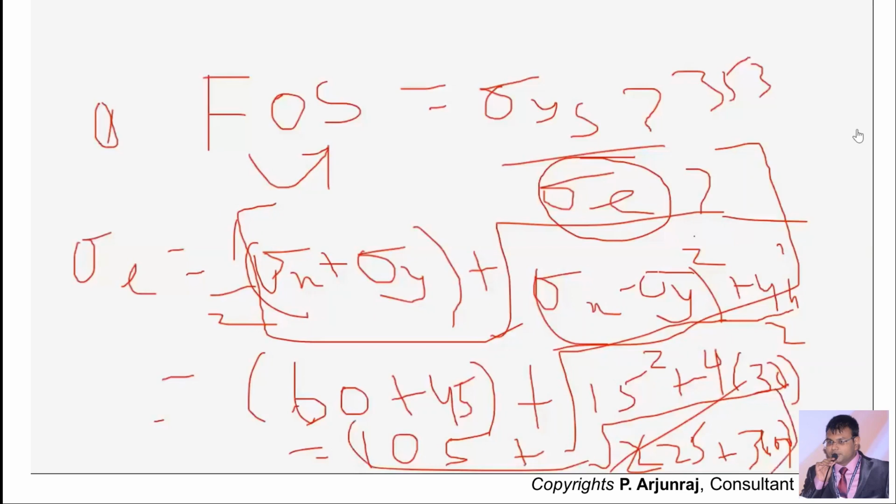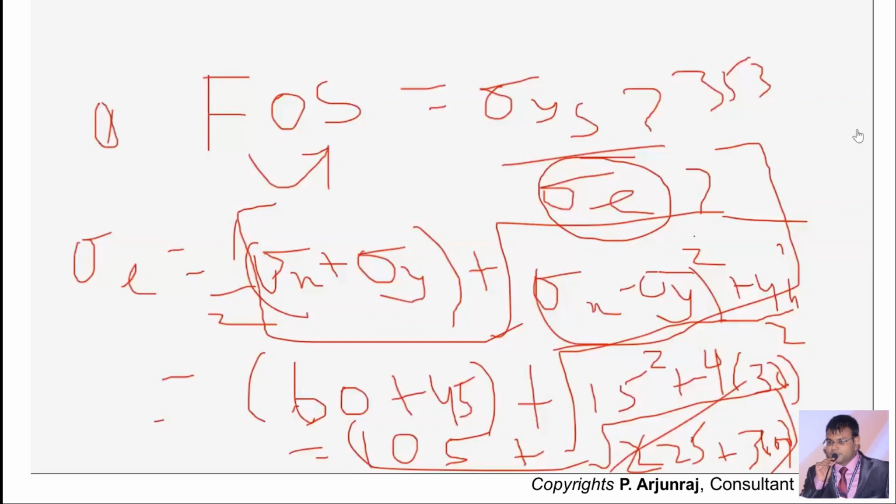The overall value is going to be 166.8. Hope my calculator is also visible; you can also confirm. So 166.8 divided by 2, sigma e is going to be 83.4 MPa.